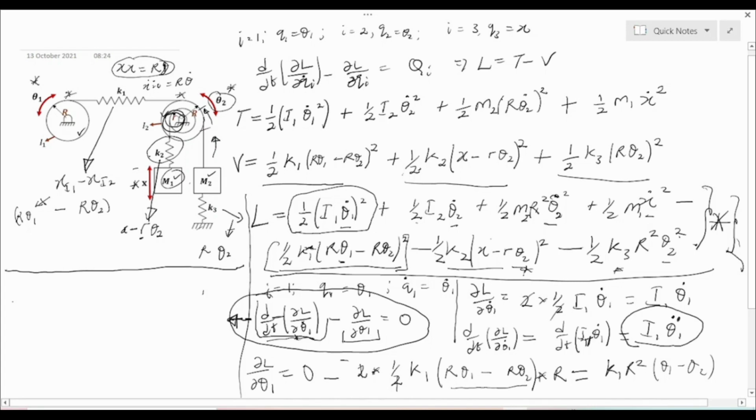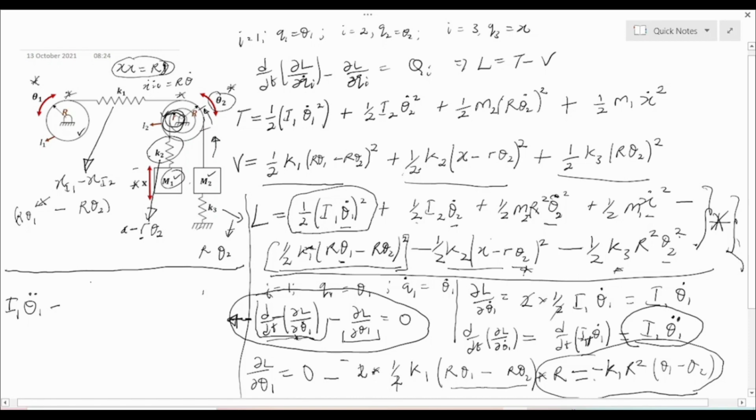So if we write that out, we have I1 θ1 double dot minus our second term, which is minus k1 r square (θ1 minus θ2).